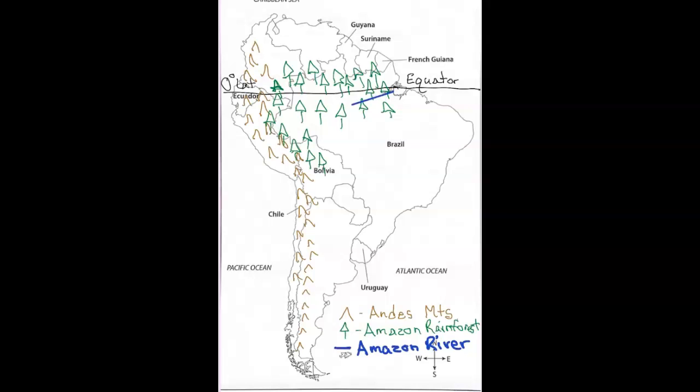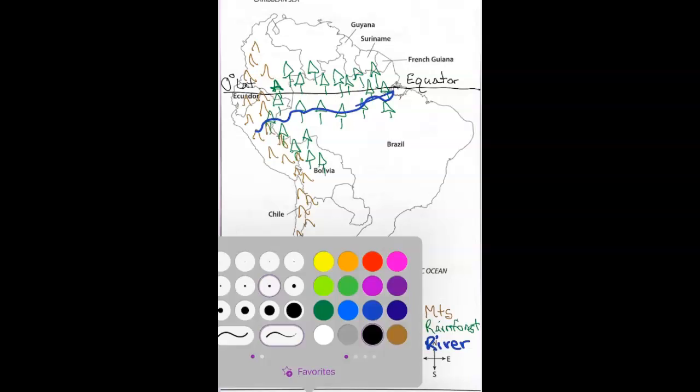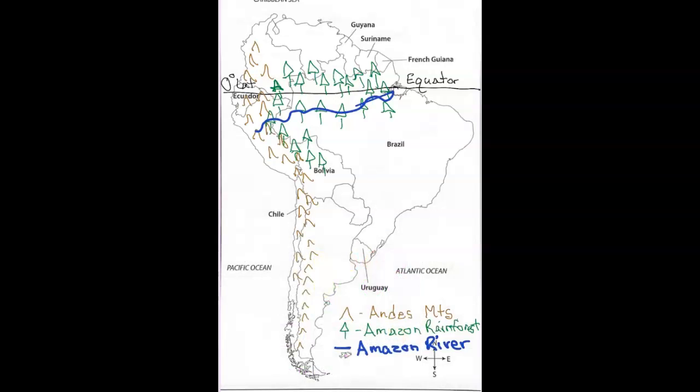And I'm just going to make a squiggly line, it comes all the way over there into the country of Peru, which we are going to label. So Peru is right here. This is Peru. And I know this is really hard to do. If you don't have a stylus, try to do it as neatly as possible. I know it's really tough.